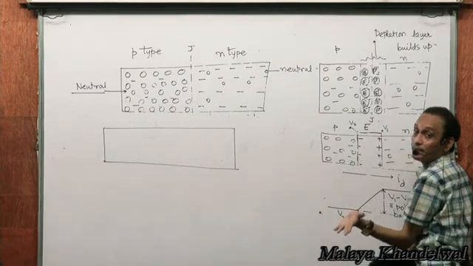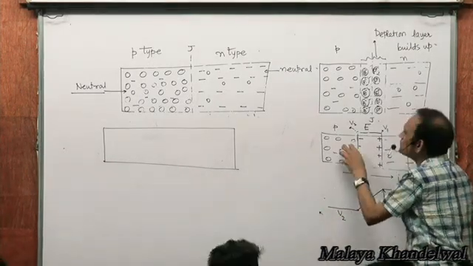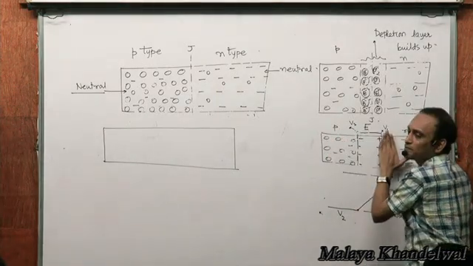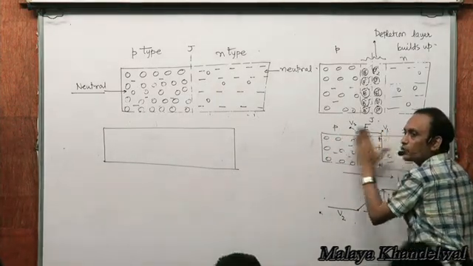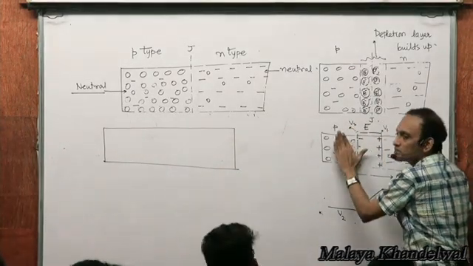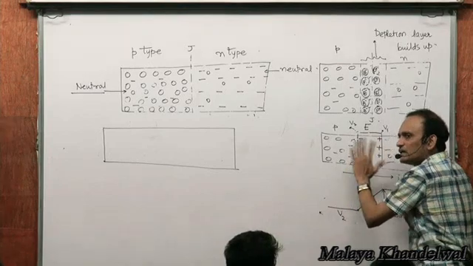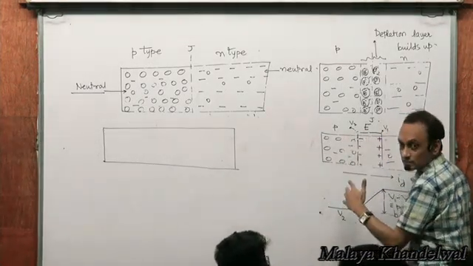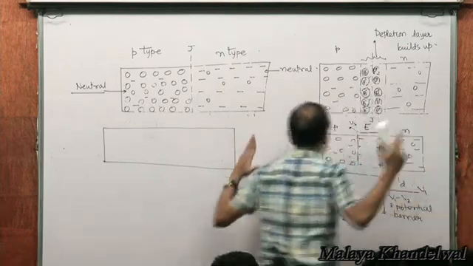It will not happen all by themselves. But there are some holes that still have the energy to overcome this barrier and they go from here to here. Some electrons have enough energy to migrate from this region to this region, and there is still a marginal diffusion current prevalent. But this depletion layer grows.